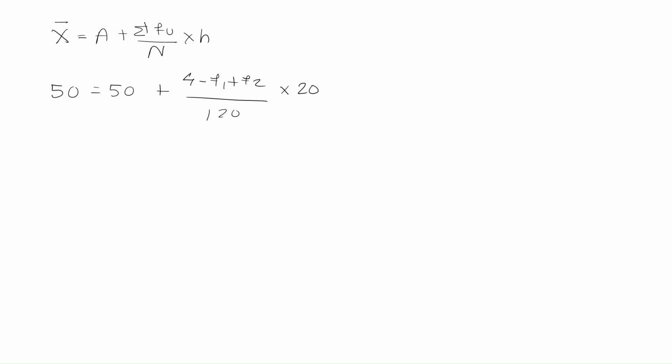We need to solve this equation. Therefore, (4 minus F1 plus F2) divided by 120 is equal to 0, and from this we get F1 minus F2 equal to 4. This can be equation number 2.